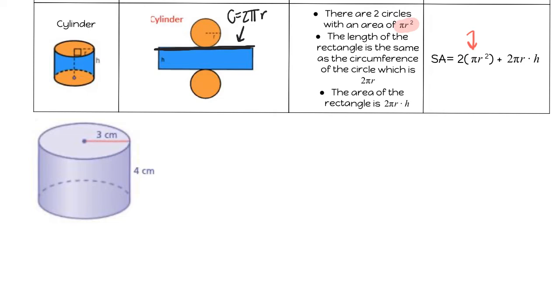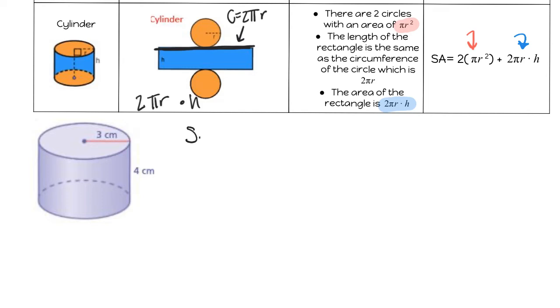So to get the area of the rectangle, I would have to take 2 times pi times the radius as the length of the rectangle times the height of that rectangle. So that is where we get that. I'm going to add that to my 2 circles. So let's start.